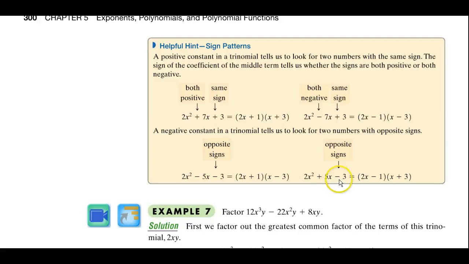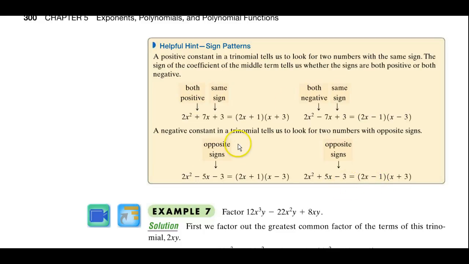And then here, if the third term is negative but the middle term is positive, then the combination of the outers, which is the largest combination to give you a 6, needs to be positive.